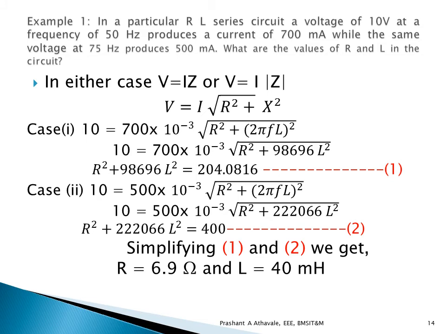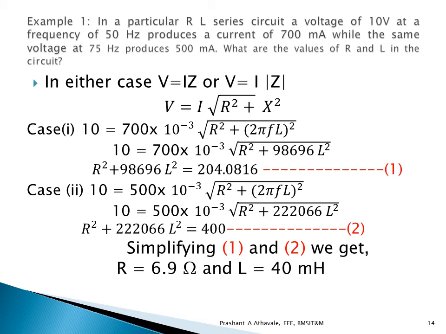So here you know the voltage and the current. There are two possible cases. The first case is when the current is 700 milliamperes and the frequency is 50 hertz. The second case is the current being 500 milliamperes and the frequency being 75 hertz. So you can substitute the values.